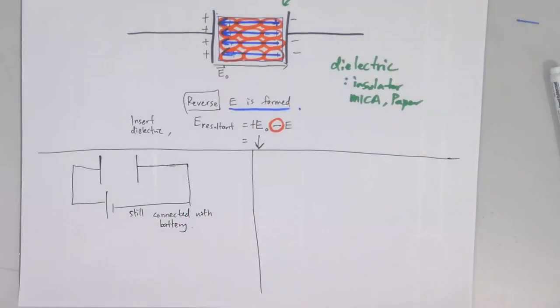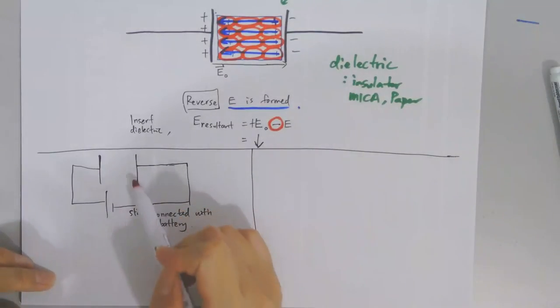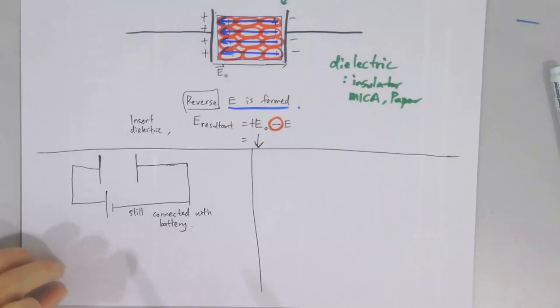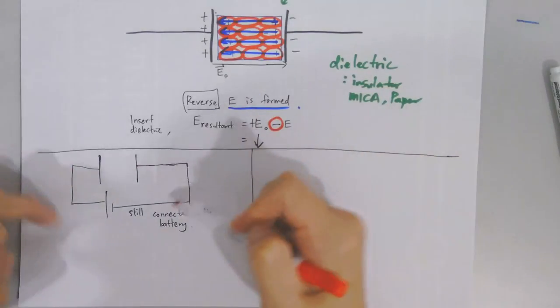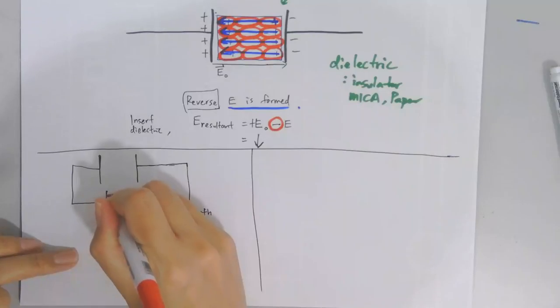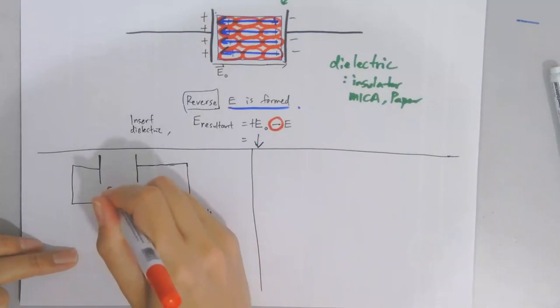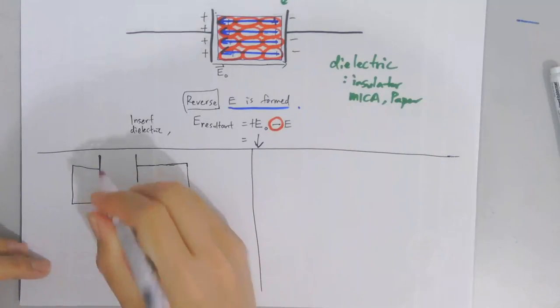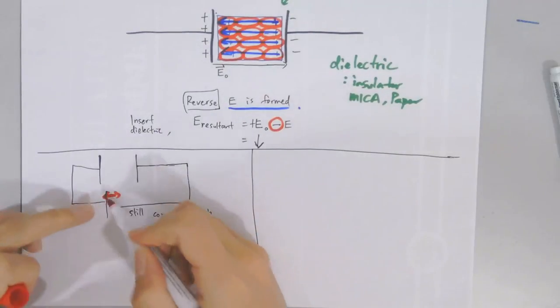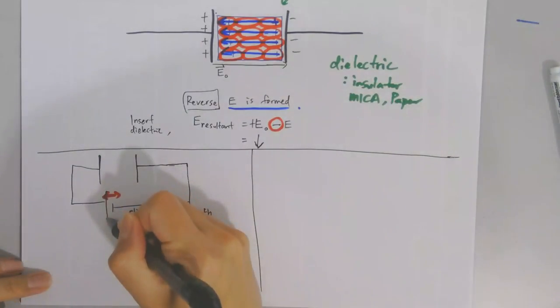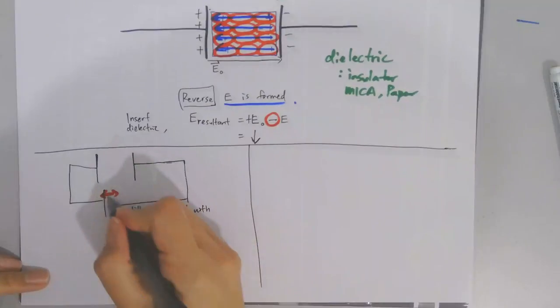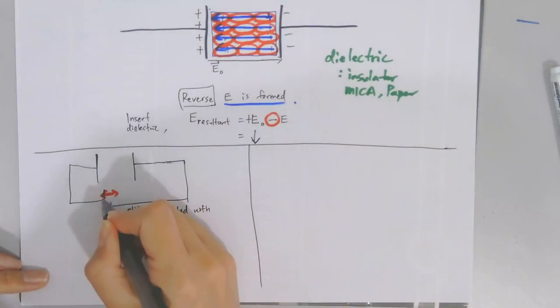Alright. So, apa yang terjadi dekat sini? Kalau capacitor masih connect dengan battery, memang pada awalnya E menurun. Tapi, you tengok, battery ni, as we learn in chapter 1, okay, this one higher potential, this one lower potential, right? So it means for the battery we always have potential difference, right?